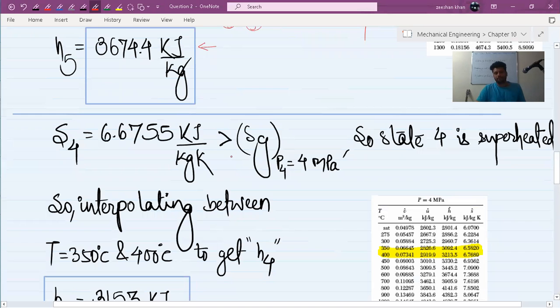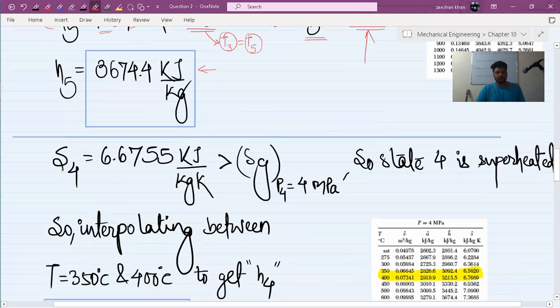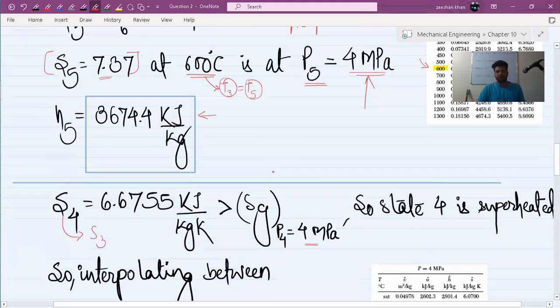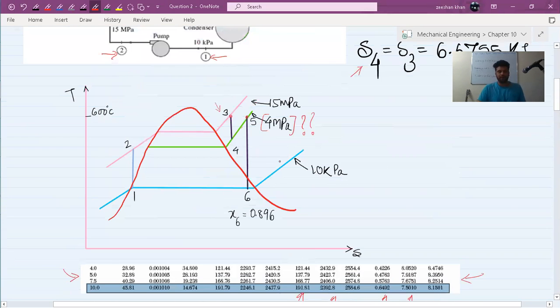And where has this come from? This has come from S3, and it is greater than Sg, the entropy of gas at 4 megapascals. So that is why the fourth state is a superheated state. It's out of the wet region, it's around here.